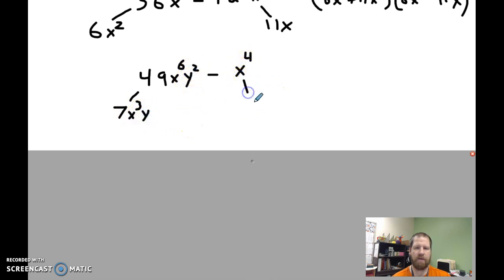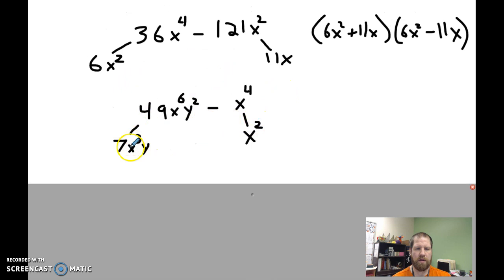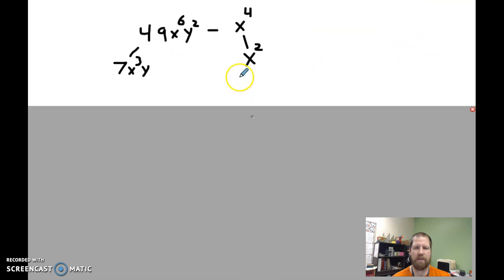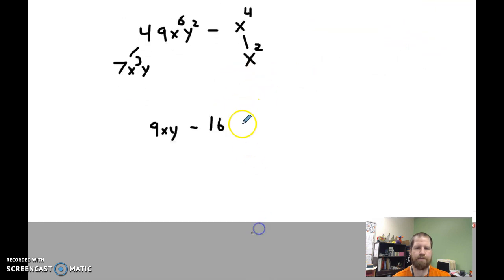And then x to the 4th is x squared times x squared. So this is the difference of two squares, and we could plug these back into our form to get our binomials, but I'm not going to take the time to do that right now.